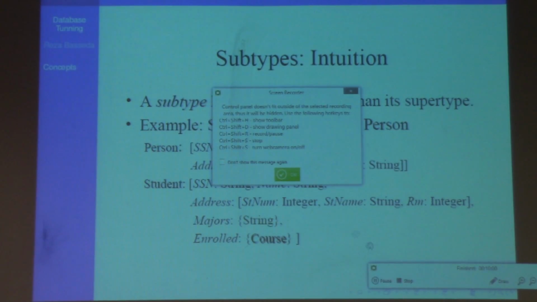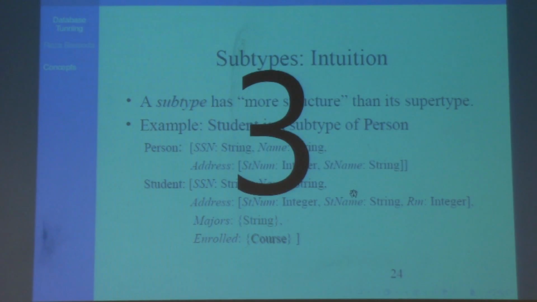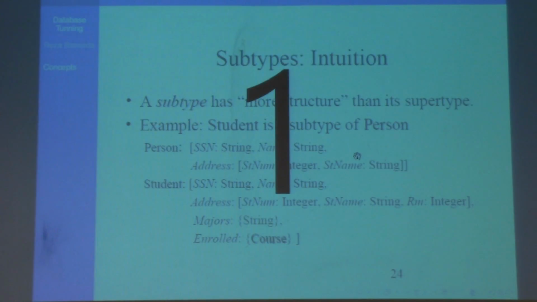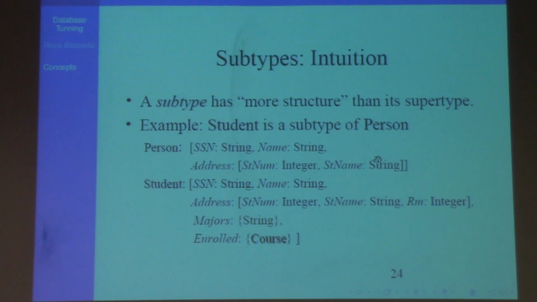You can define a subtyping relationship. So if you consider person and student, a student is a person. A student has the same structure, some parts of it are the same as person, but it adds more stuff like room number, majors, courses it has taken, right?